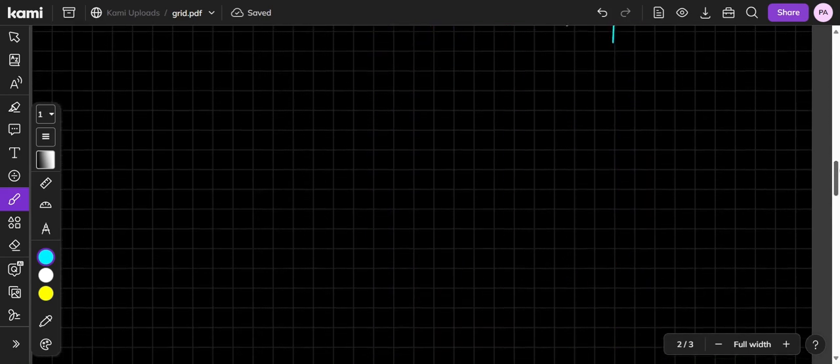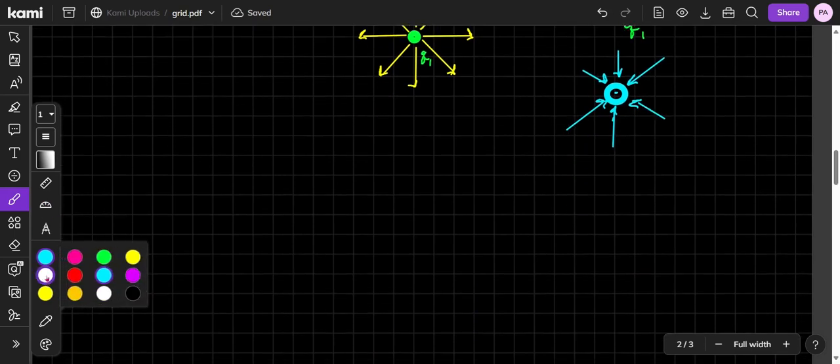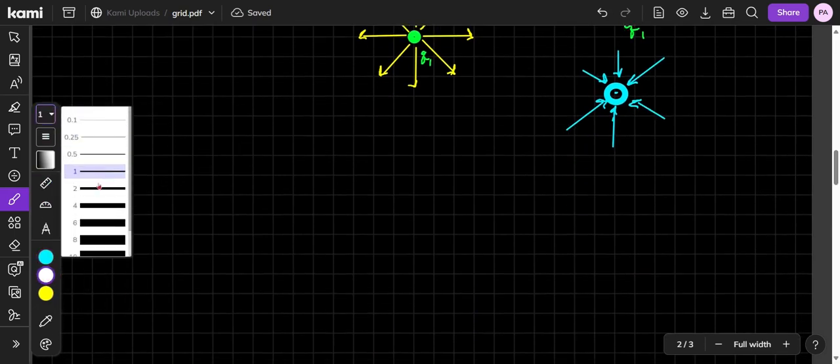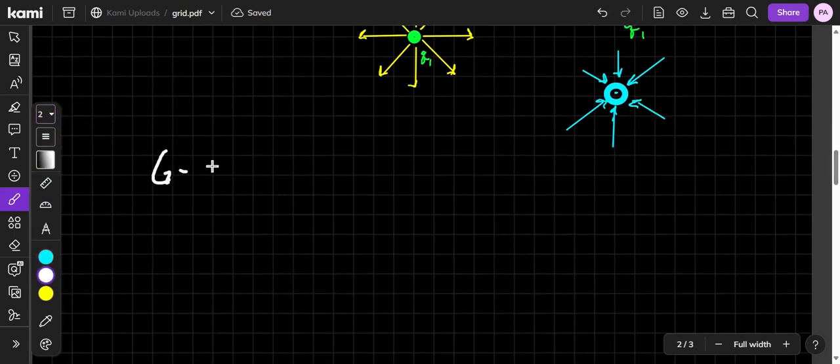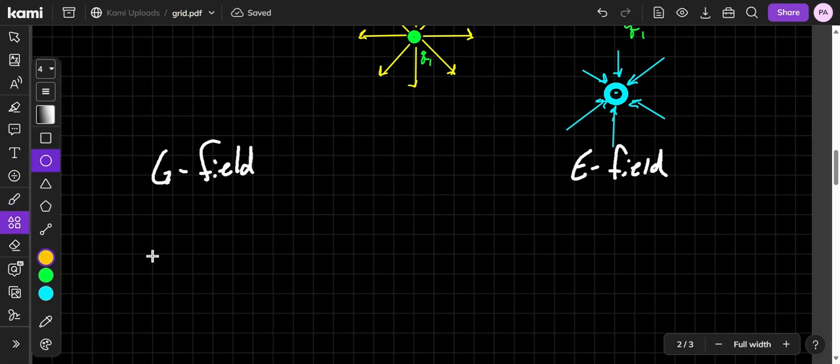If we were to have, and we're going to separate here, a gravitational field, and then we're going to have an E field. If we have two gravitational objects, and you bring a third one into play, it is the three-body problem.